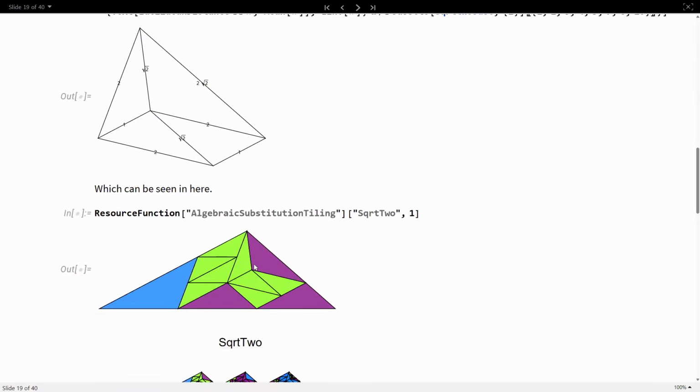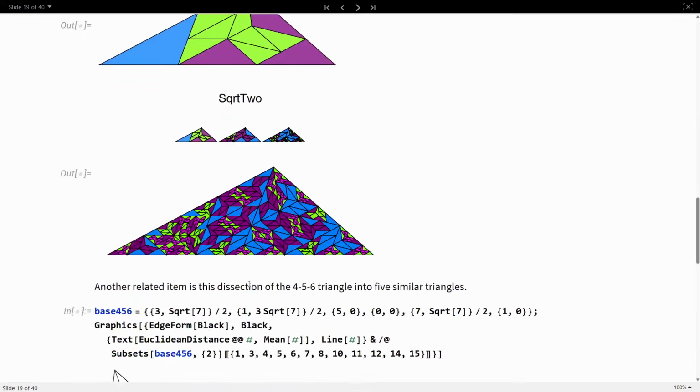And I found the tiling system. Here it is here. This object here is right there. And when I added more triangles, I got back to the original triangle. So this is a tiling system I called square root of 2. And here's what it looks like when you do it multiple times.